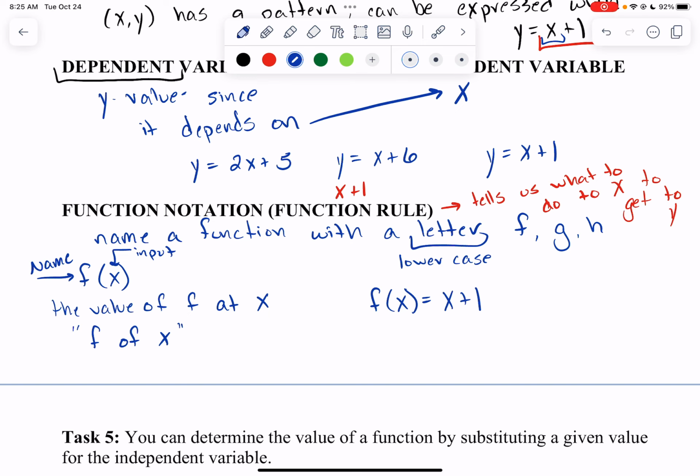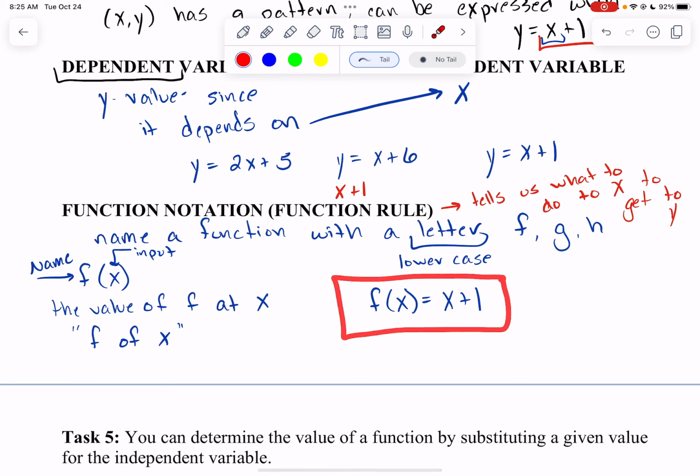So this tells me to find the value of f at x: I take x and add 1. It's telling me what I do. This is my rule. So this function rule basically defines this function.